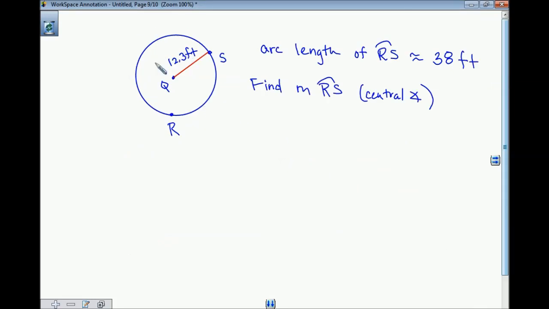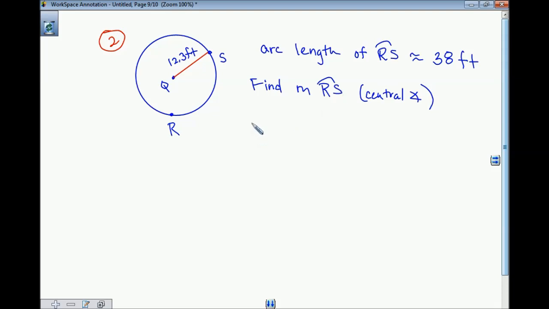So here is example 2. On this example, for circle Q, we see it has a radius of 12.3 feet. And I'm telling you that the arc length of arc RS is about 38 feet. And you're to find the measure of arc RS. Well, the measure of an arc is the same as the central angle.